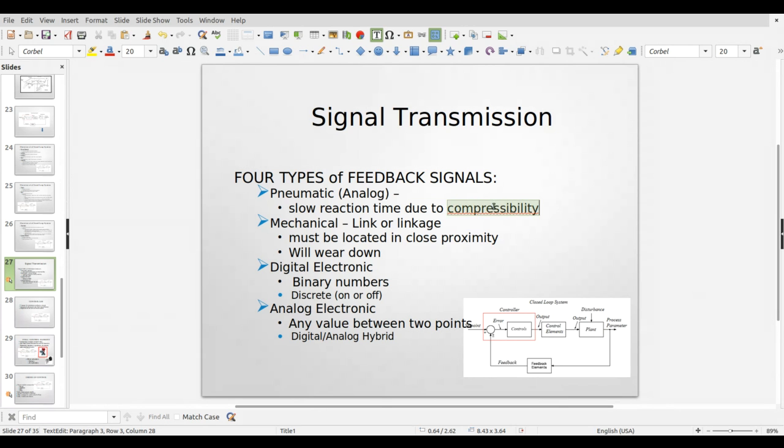Years ago, when electrical sensors weren't so cheap and reliable, they used these type of control systems, but nowadays you probably won't see a pneumatic control system.